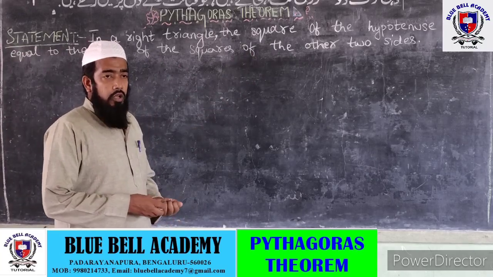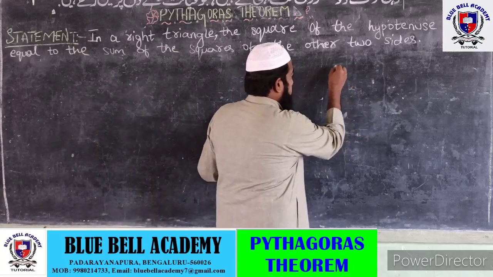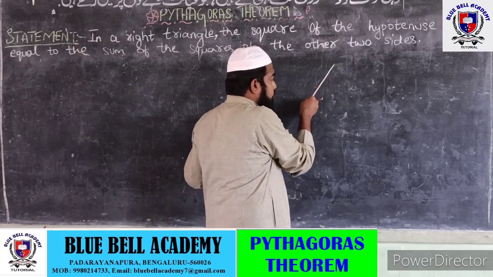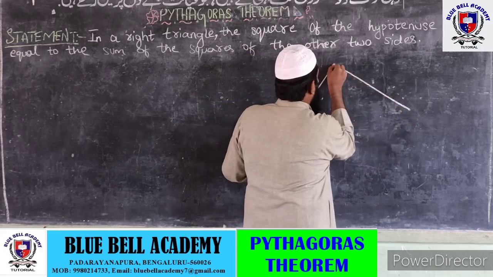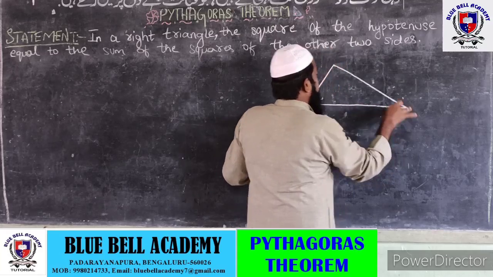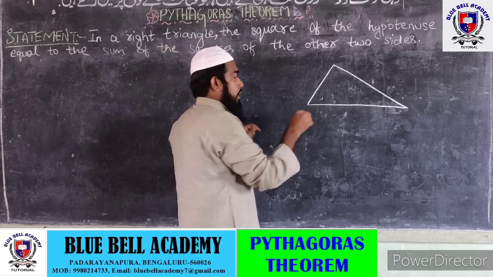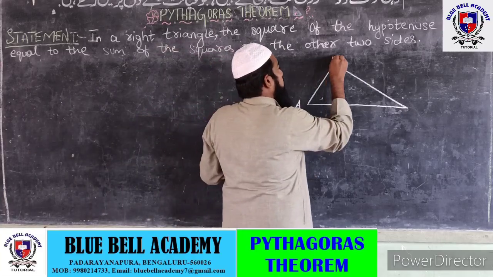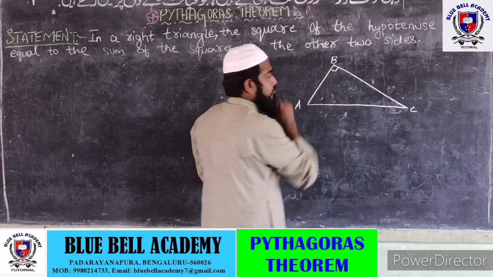Anyhow, as per the statement, it is talking about a right angle triangle. So first of all, we need to draw a right angle triangle. You need to draw a triangle like this, where you keep this angle as a right angle. Now you can name the triangle as ABC, where this is the right angle.